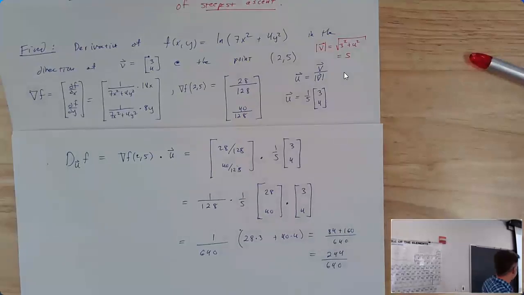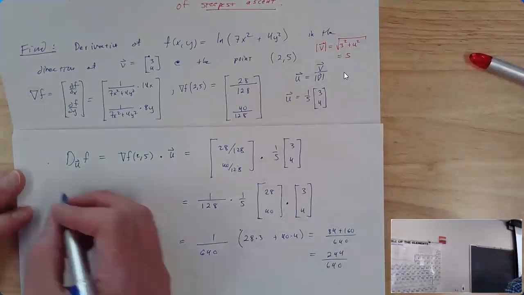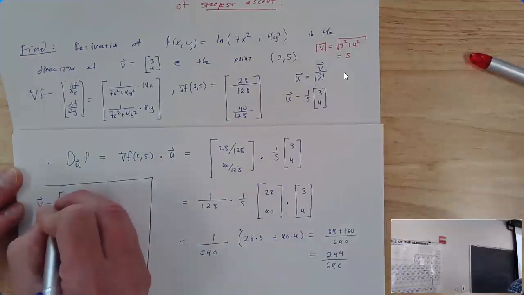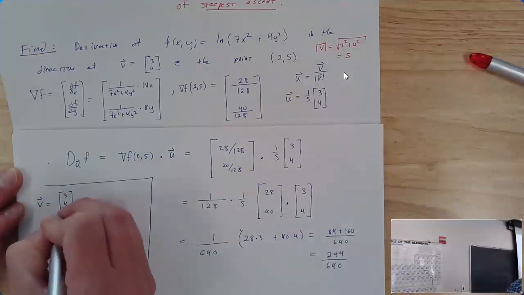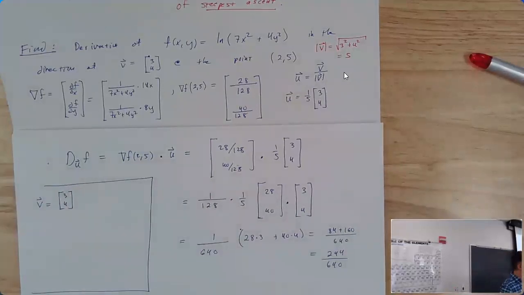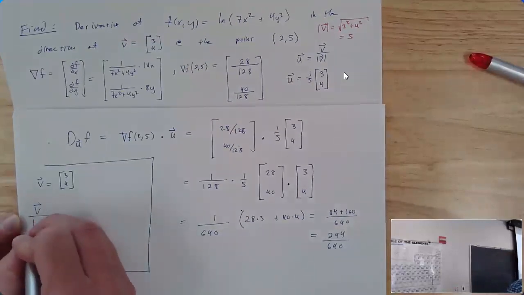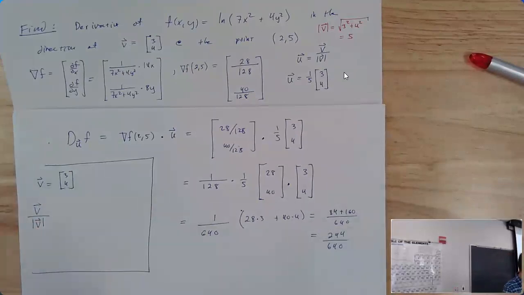Question, Erica. I've always been doing 1 over, but I don't know why. Well, typically, like for example here, our vector was 3, 4, right? And if I want to normalize it or make it a unit vector, I'm going to do the vector divided by its own magnitude, which is 5 in this case, right?